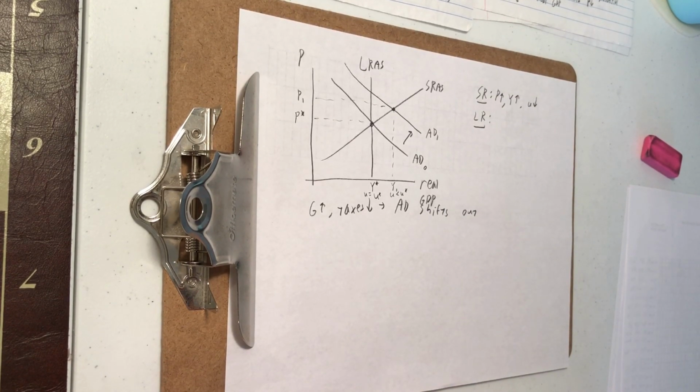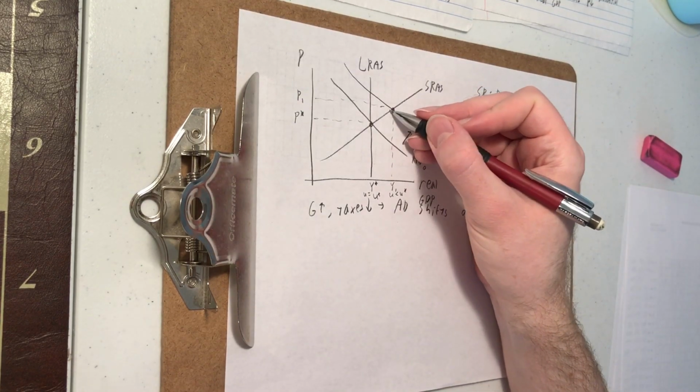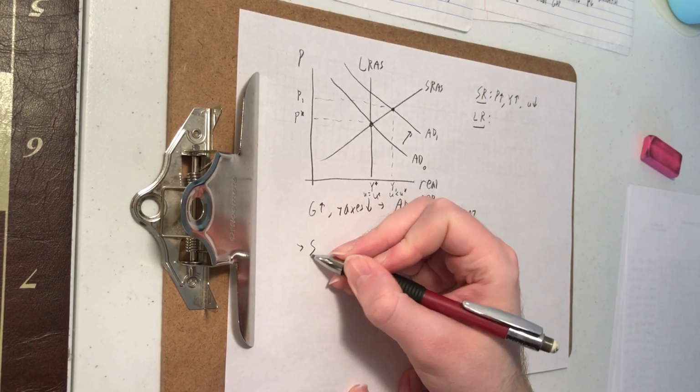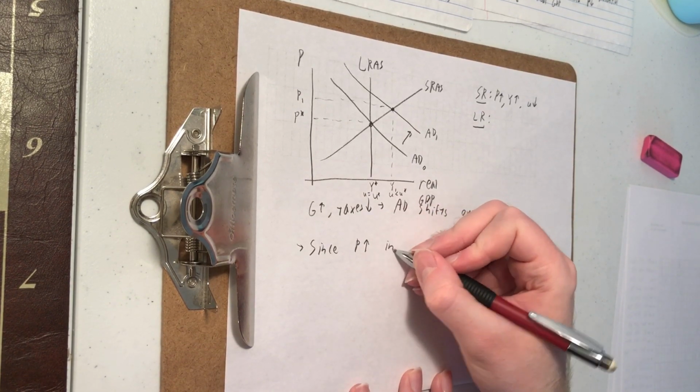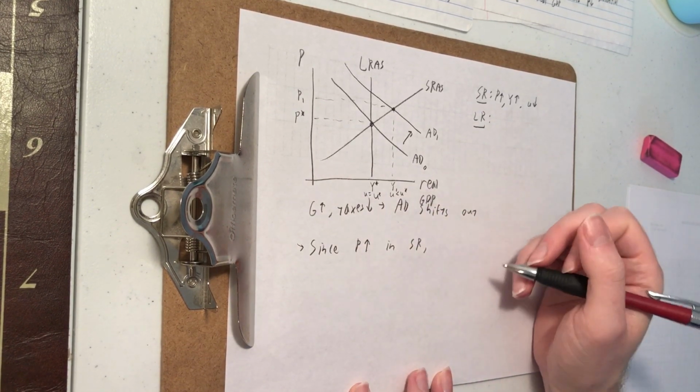Now let's look at the long run. As usual, the SRAS curve is the one that brings us back into equilibrium. Here we can see that prices have gone up in the short run. So what workers do in response is they're going to ask for raises.